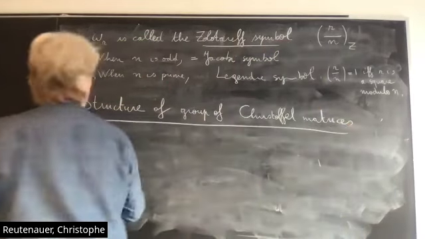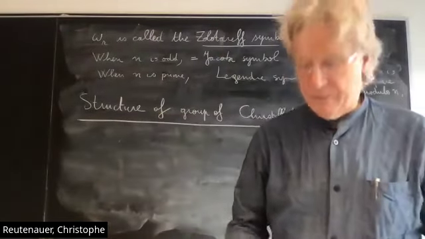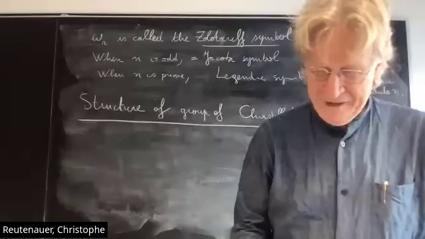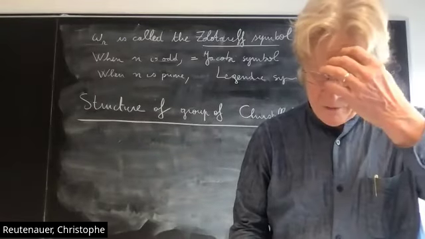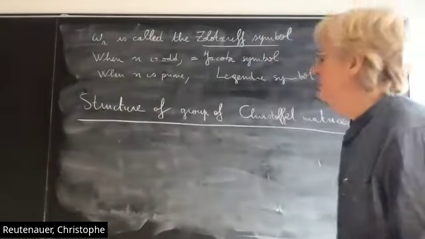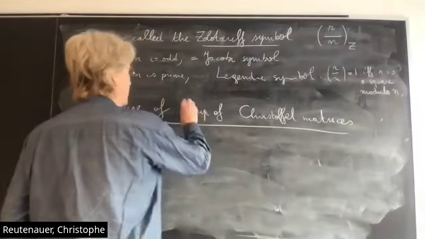And yes, I've completely forgotten to say, the group is commutative. This is quite surprising. Yes, I didn't write it on the note. The group is commutative, and Christoffel matrices commute.